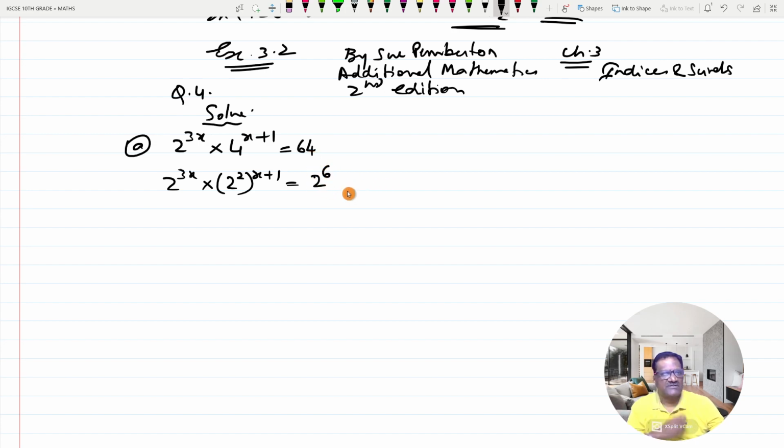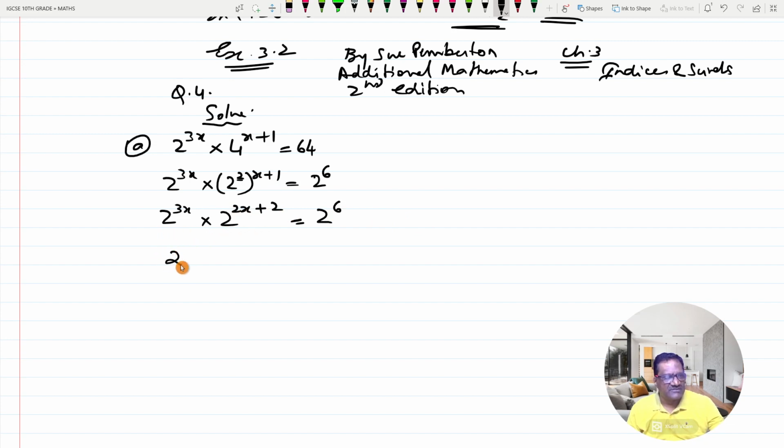So 2 raised to 6 happens to be 64. Now this can again be written as 2 raised to 3x multiplied by 2 raised to, now this 2 will multiply with this x plus 1, that will give me 2x plus 2, equal to 2 raised to 6.